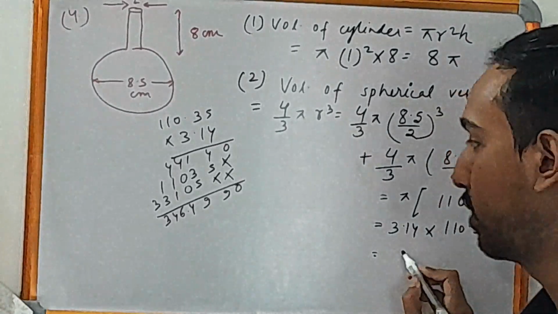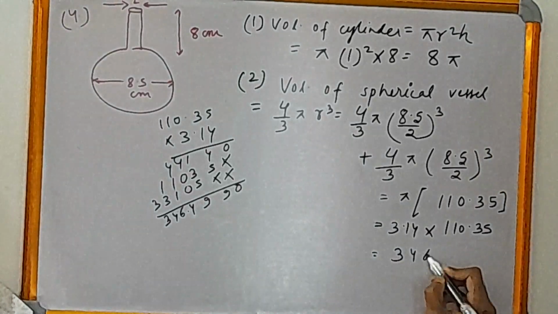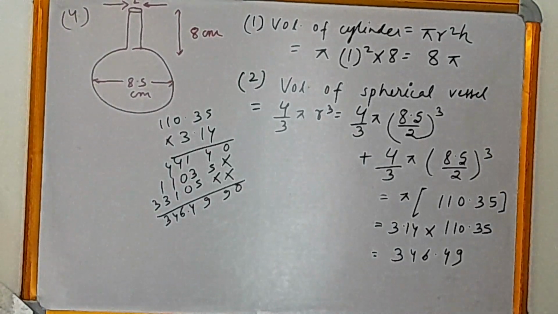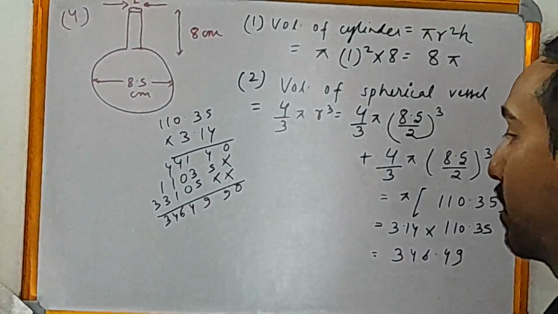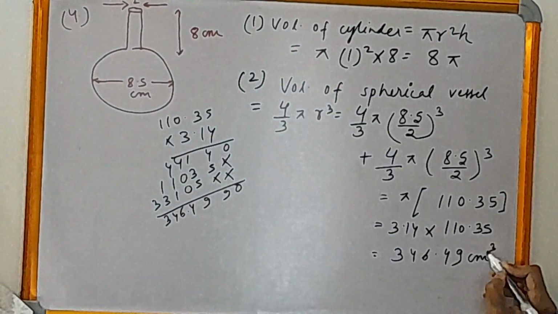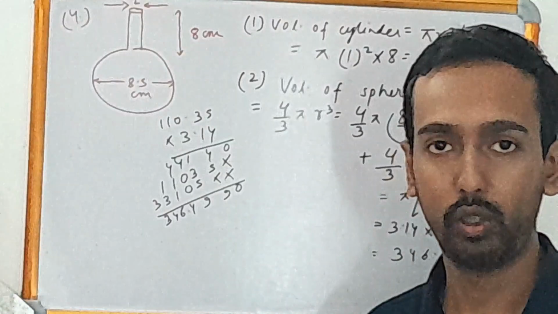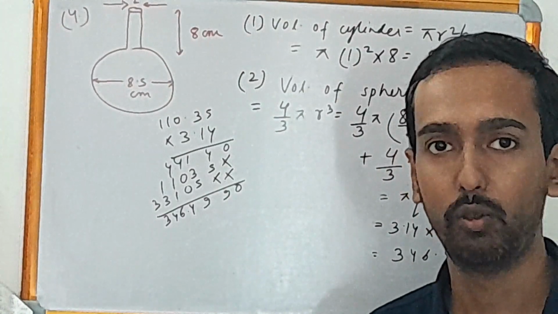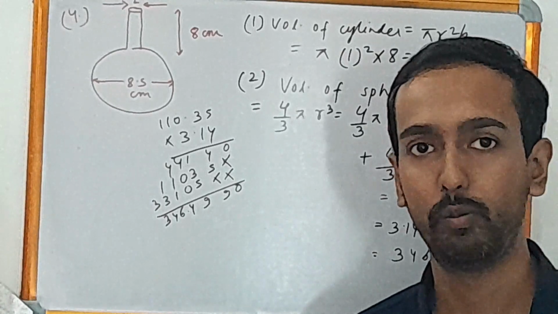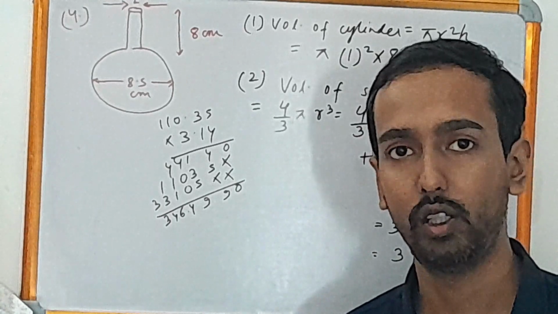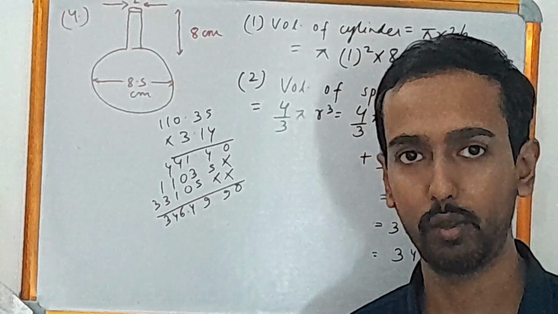The answer comes out to be 346.49. So you see that the volume of the spherical vessel comes out to be 346.49. So in this way we will solve many more questions. Whenever we have a question which is based on the concept of combinational solid, we will find the volume of each constituent and we will add them in order to find the final answer.